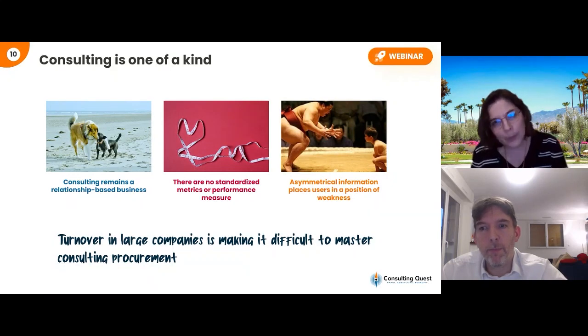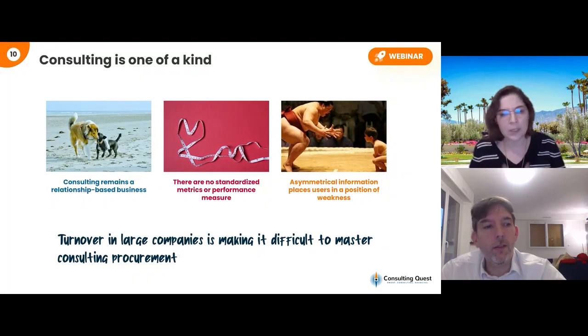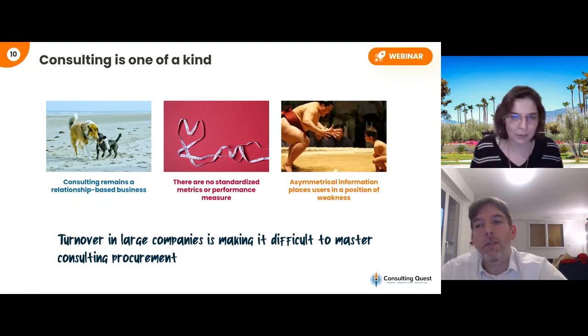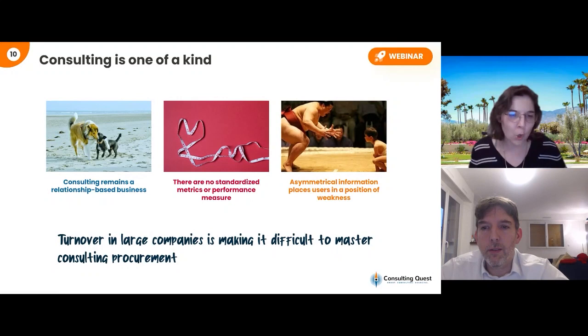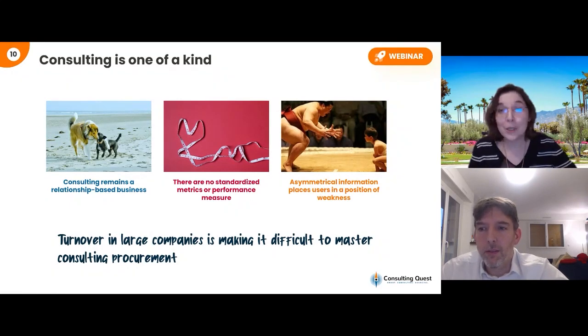And the last part is that asymmetrical information places users in a position of weakness. So what do I mean by that? It means that because it's complex, because it's diverse, the market is scattered, the type of project that can be launched by a given organization is very diverse.